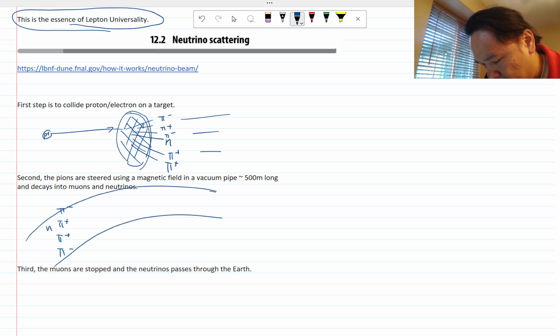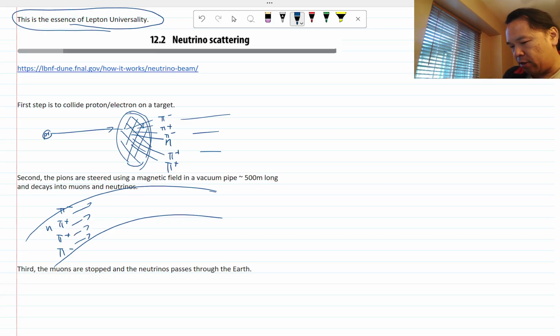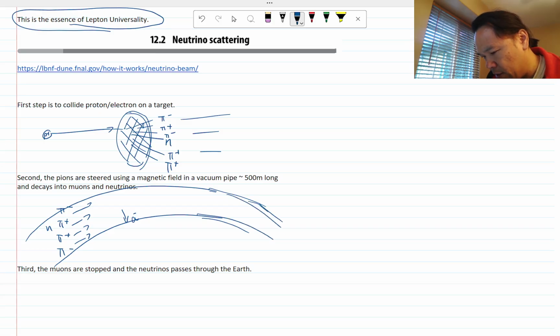So if you apply, let's select for the negative pions in this case. So you have the velocity of all these things going in the same direction. So if you want some acceleration in this direction to make it go in circular motion, this is like a little semicircle. It actually gets smaller and smaller as you go.